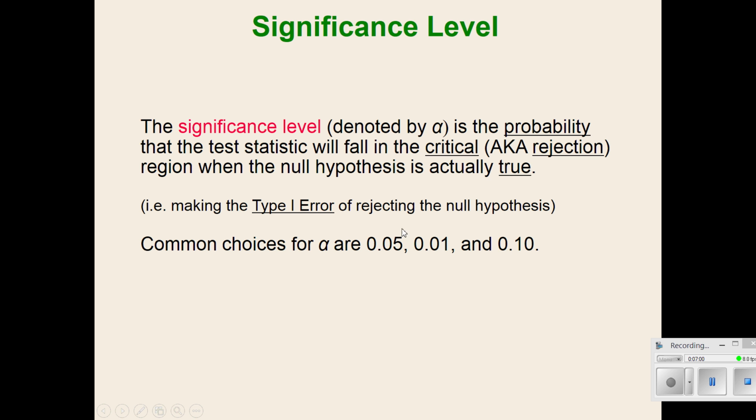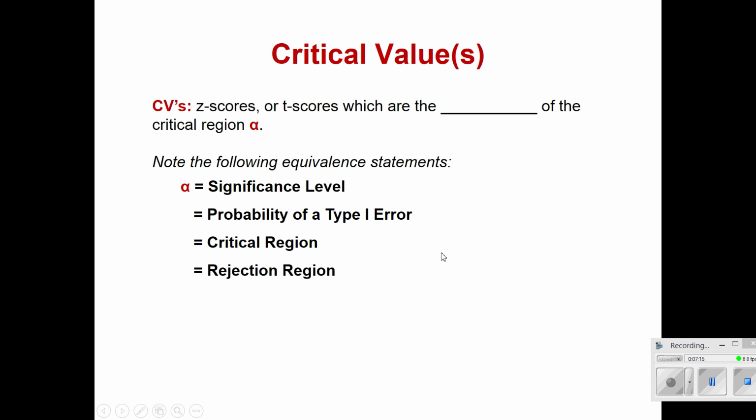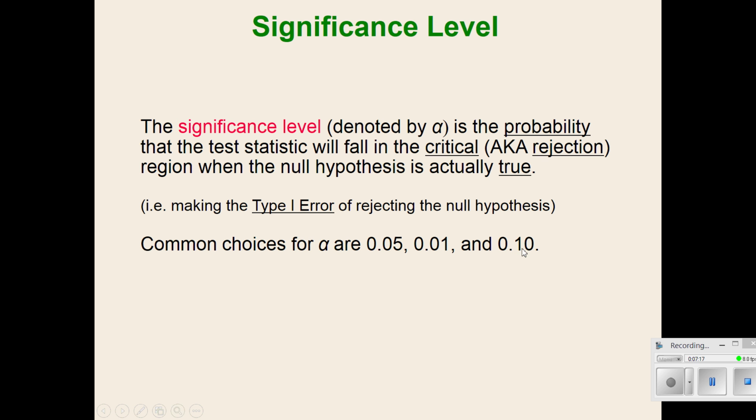So for instance, if you have a 95% confidence level, then your significance level would be 0.05, or in other words 5%, but we always put the alpha as a decimal. If you have 99% confidence, that corresponds to a significance of 0.01. And if you have a 90% confidence, that corresponds to a significance of 0.10.